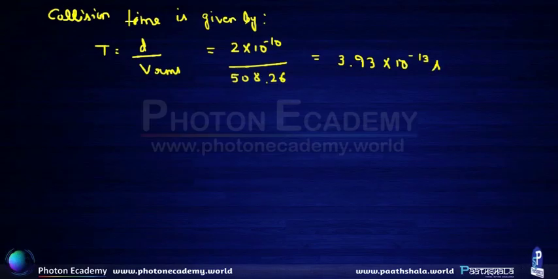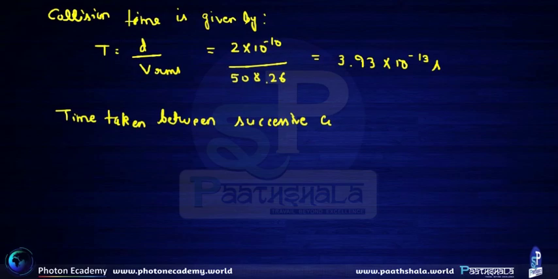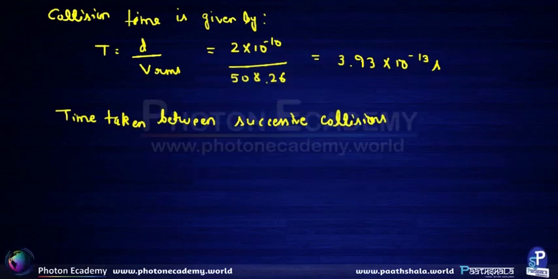So the time taken between successive collisions, we denote by T dash, is equal to L by VRMS.